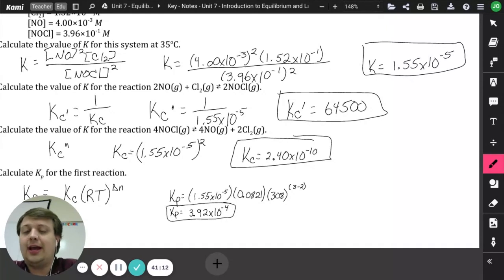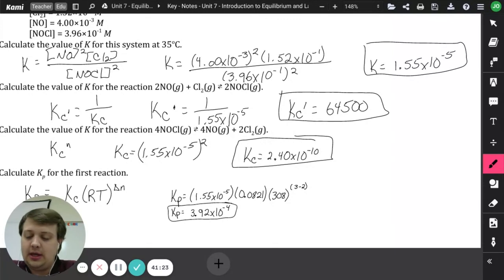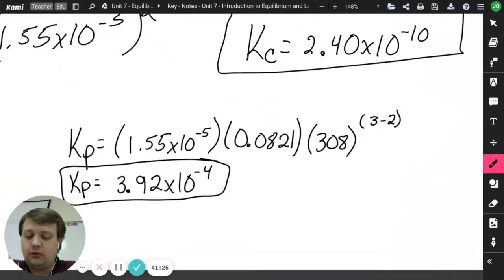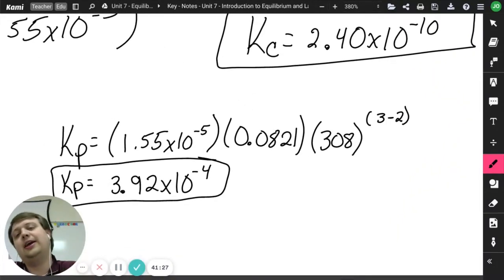When you calculated for K with that factor being a 2, you would find that your Kc equals 2.40 times 10 to the negative 10. And then last, when you solve for Kp, what you should have found was that it equals 3.92 times 10 to the negative 4. All right, y'all.